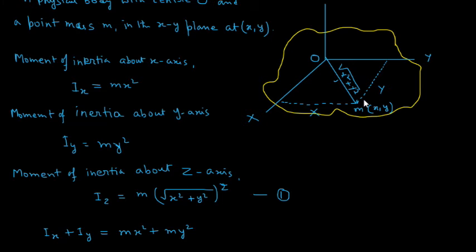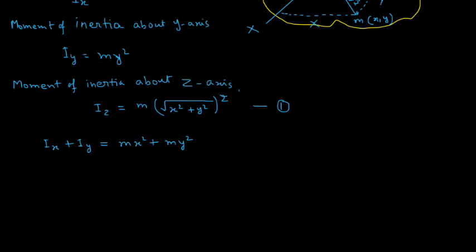Ix plus Iy is equal to m x square plus m y square. We can take m as common and write m times x square plus y square.